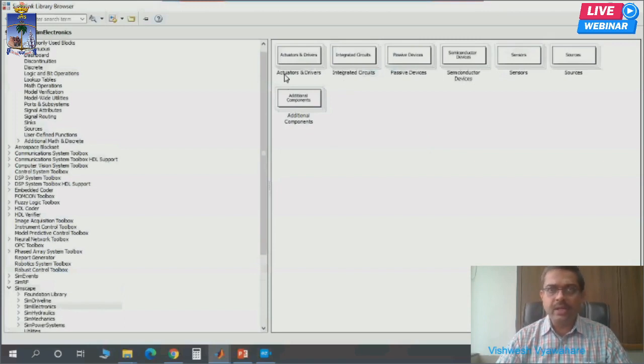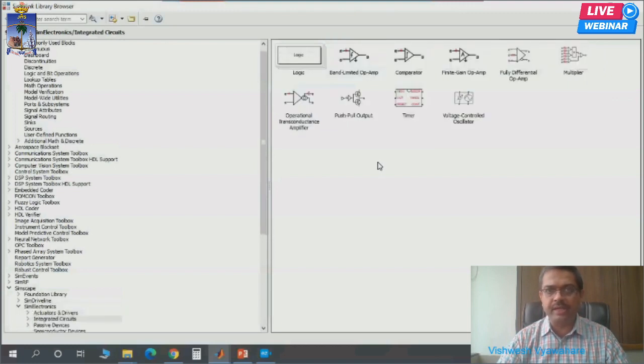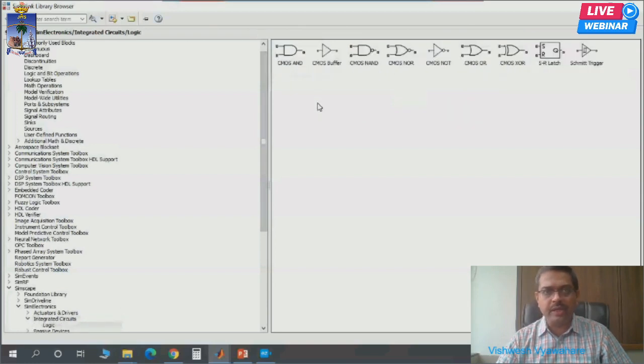Right. So here you can see actuators and drivers, integrated circuits, passive devices, semiconductor devices, sensors, sources, additional components. What's there in integrated circuits? You have band limited op-amp, comparator, timer, voltage controlled oscillator.